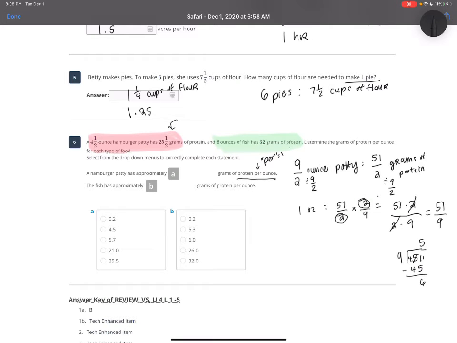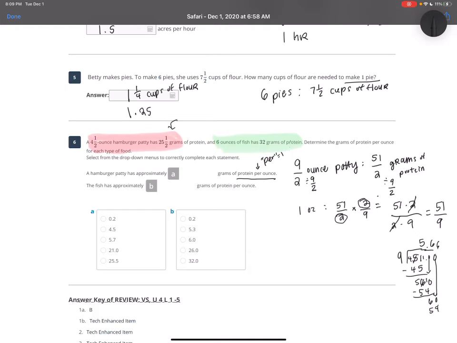Now I want to add a decimal, add a 0, and drop it. How many times can 9 go into 60 without going over? If you guess 6 times, you are absolutely correct, which would be 54. Then you get 6 again, and you add a 0.